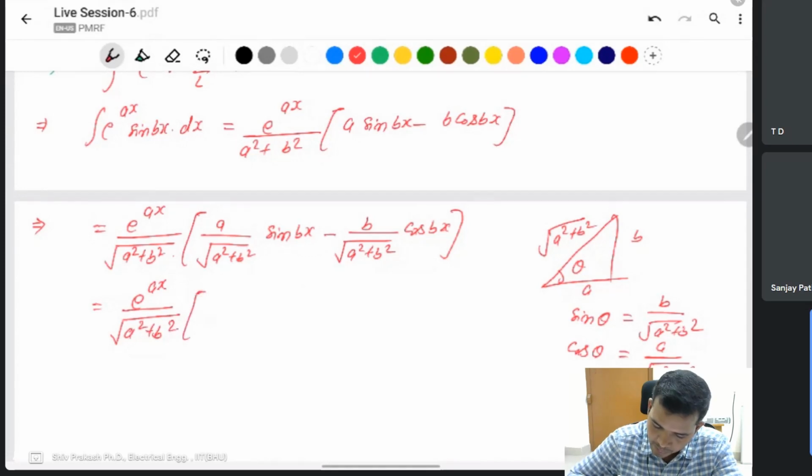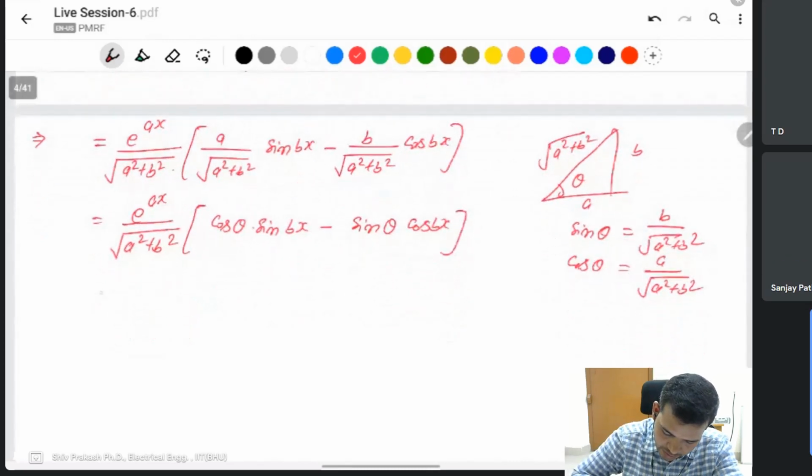Then we find cos theta sin bx minus sin theta cos bx.